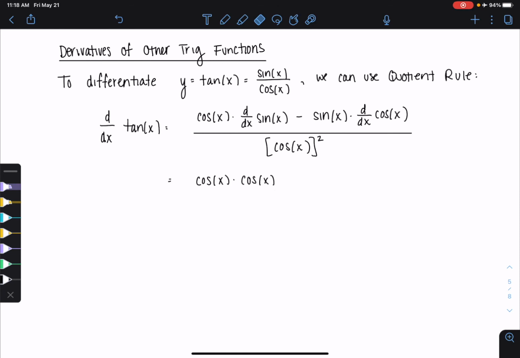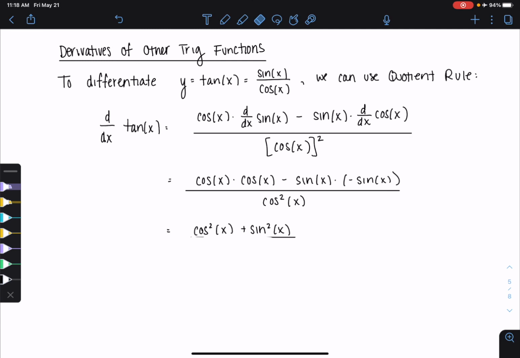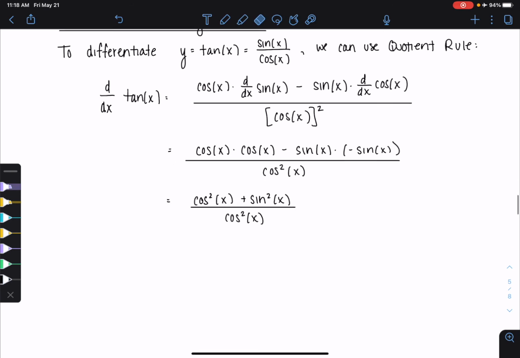Well, derivative of sine is cosine. Derivative of cosine is negative sine, all over cosine squared. So cosine times cosine is cosine squared, minus minus gives us a plus sine squared, all over cosine squared.